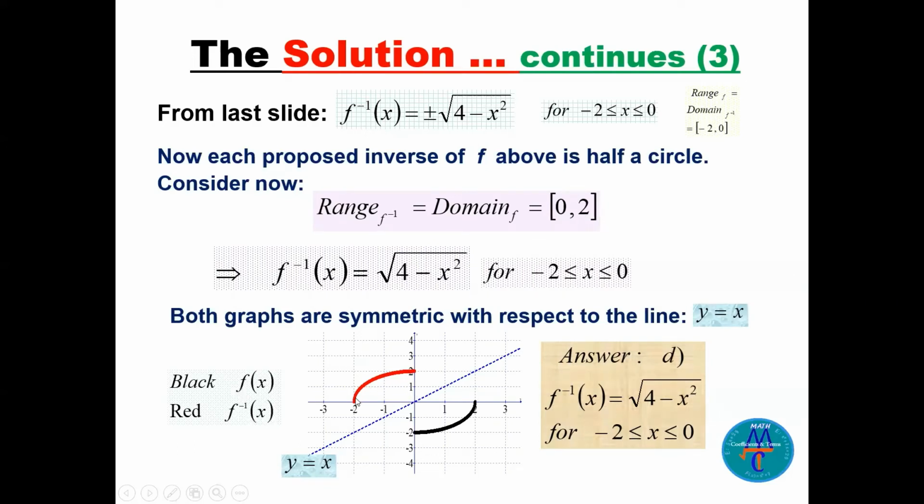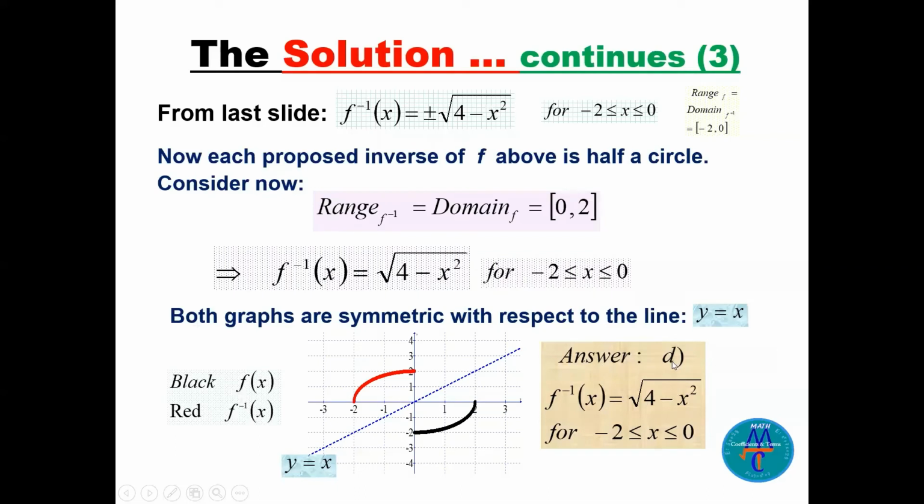So either we have this function or we have this one. And also the domain of the inverse from -2 to 0. So now we have the black one is the original function, which is 1/4 of a circle. And this red one, this is the inverse. These functions are symmetric with respect to the line y equals x.